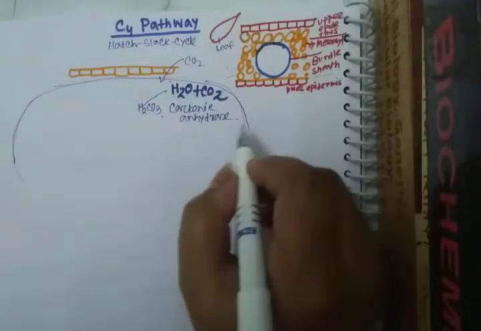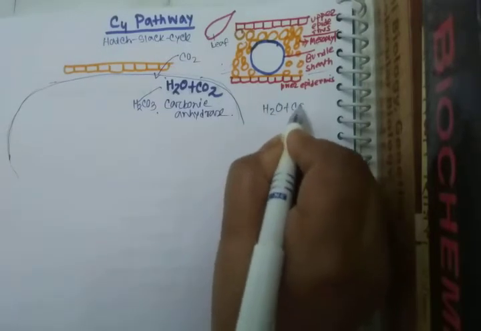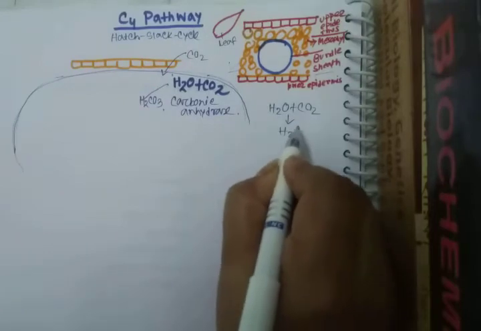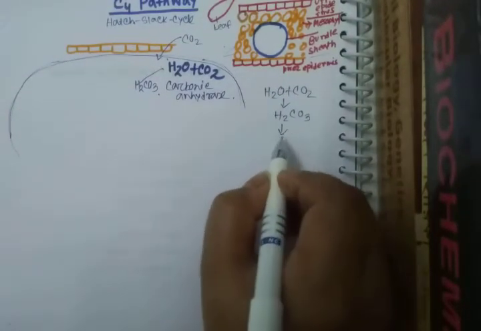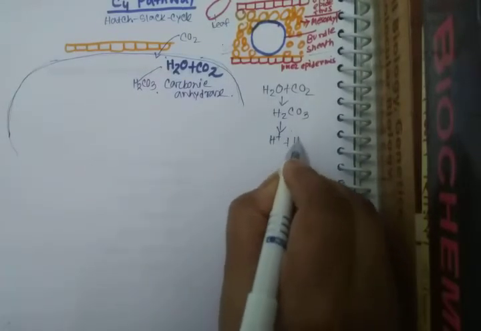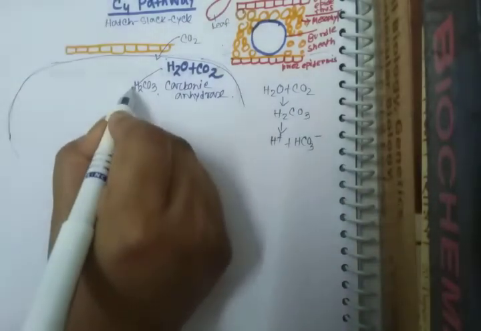But before that, in detail, the H2O reacts with the CO2 and forms H2CO3, and the H2CO3 will be dissociated into H plus ions and HCO3 minus ions.